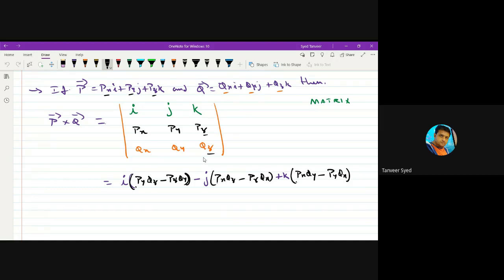It's just a procedure which you should remember step by step. Take the 2 vectors, write them in the form of a 3 by 3 matrix. First row will be i, j, k. Second row will be the coefficients of the first vector. Third row will be the coefficients of the second vector. Then take the first element in the first row, i. Whatever element you are selecting, you should close the column and row containing that element. Then you will be left with 4 other elements. Cross multiply them and subtract.